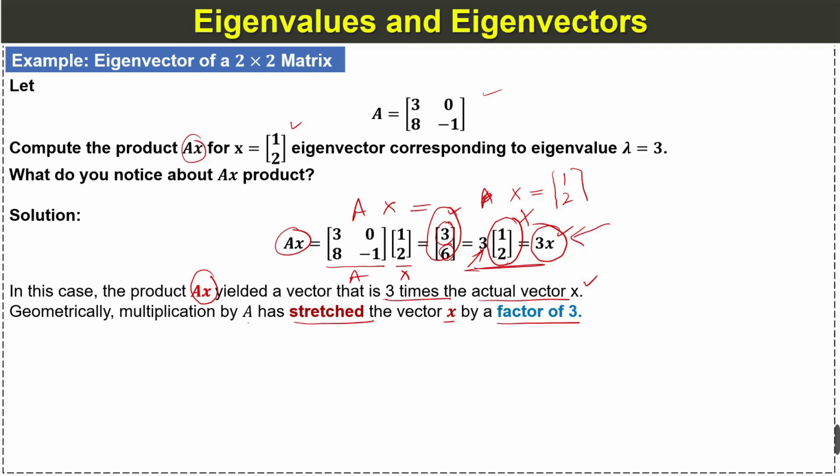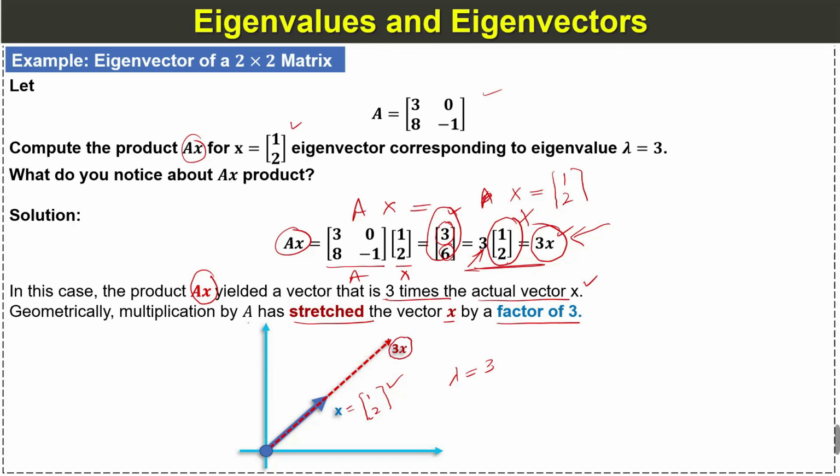Let's see this with the help of a graphical representation. This is our original vector x, the eigenvector corresponding to the eigenvalue lambda equal to 3. After multiplication, this original vector is stretched by a factor of 3, and our new vector is 3 times the original vector x, where the eigenvalue is 3.